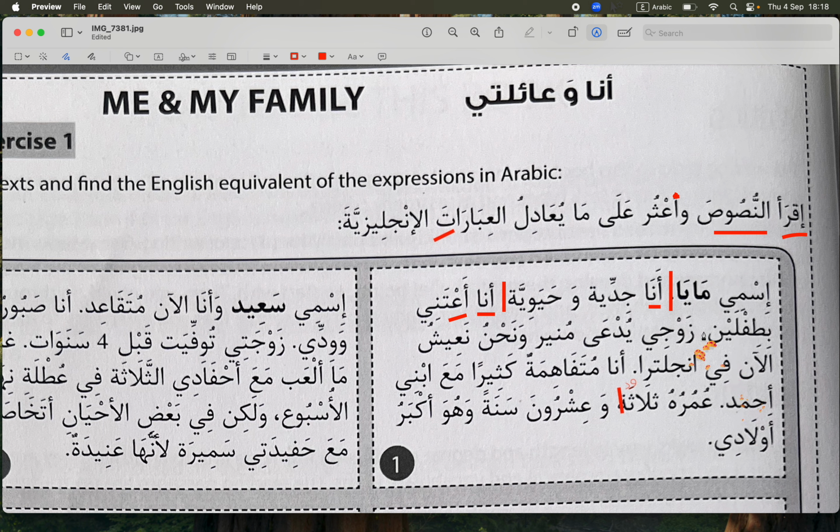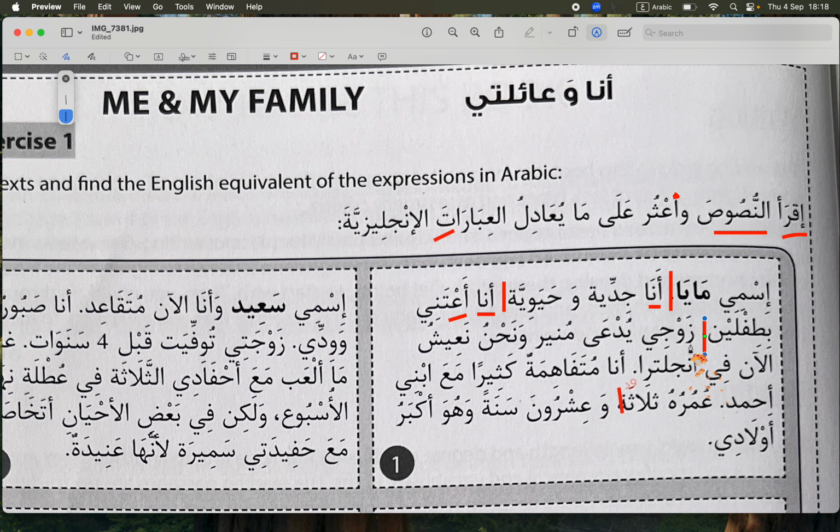Alhamdulillah, so that sentence is done. We've got three sentences now. Ismi Maya, my name is Maya. Ana jiddiya, I am serious, wa hayawiya, and lively at the same time. Ana a'tani bitiflain, I take care of two children.